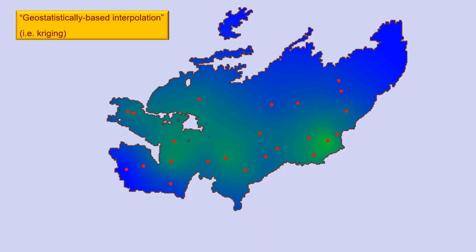And as we have more sample points, we can introduce more variability, but we still have a smooth interpolated parameter field. Smooth for a good reason, for a good statistical reason. This is the expected value of the hydraulic property between the sample points.